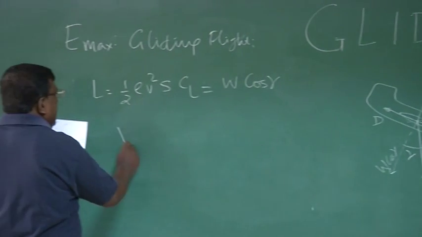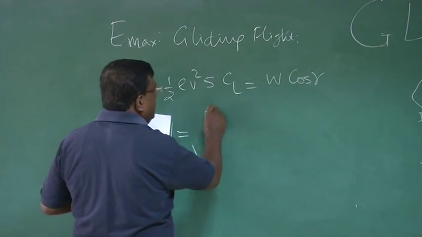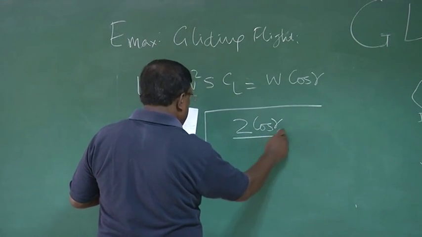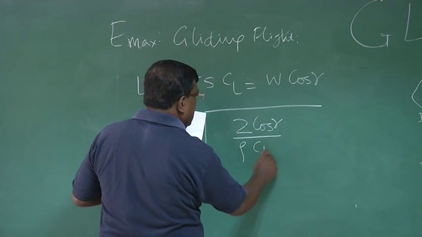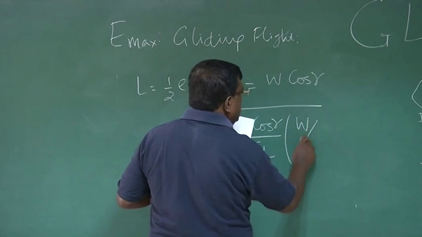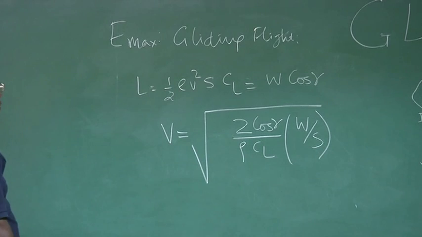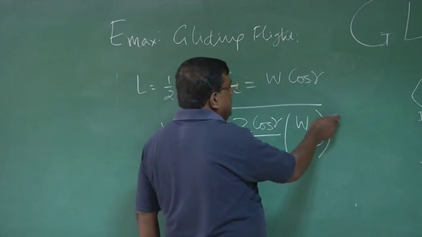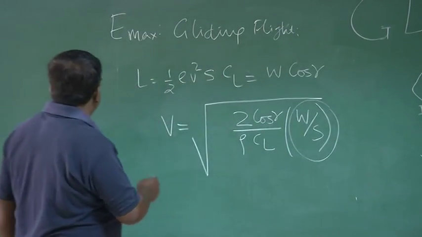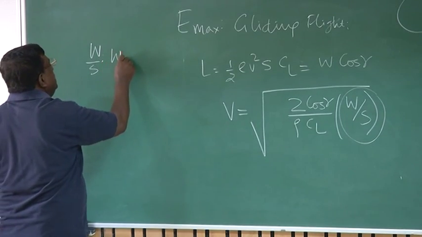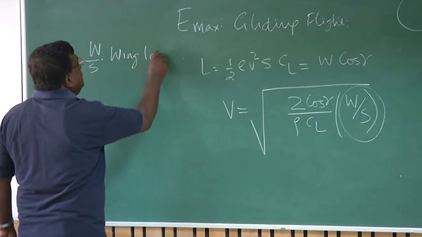And that clearly gives me an expression V equals square root of 2 cos gamma by rho CL into W by S. What is W by S? Very important parameter. It is called wing loading.